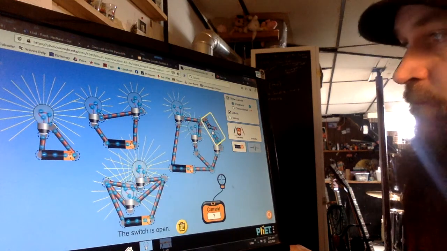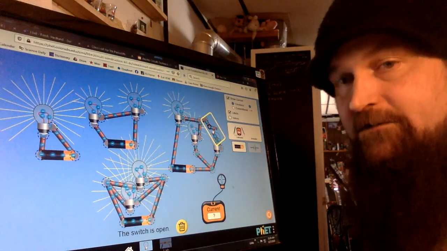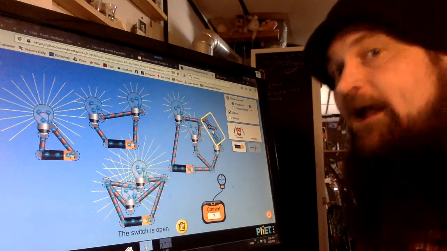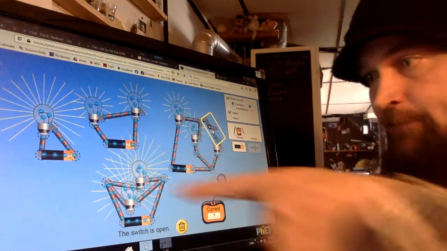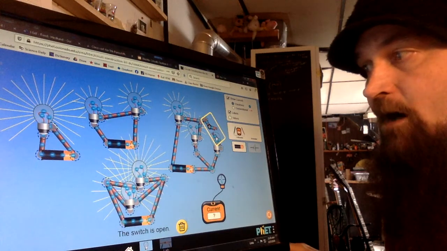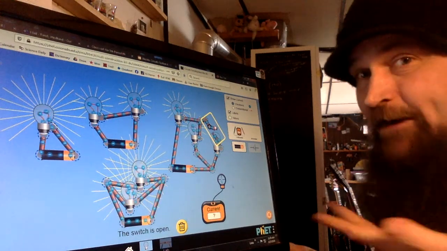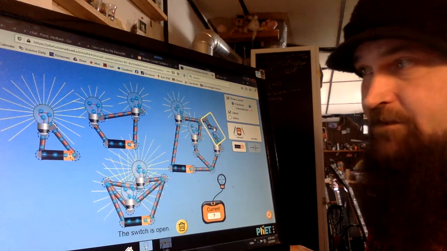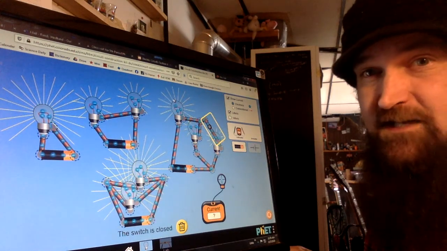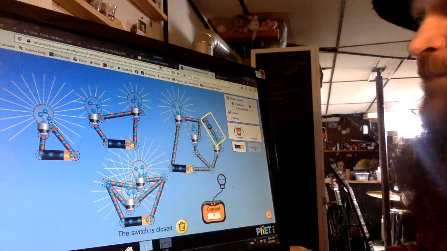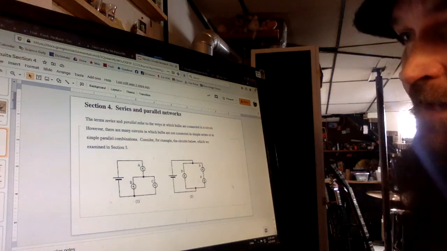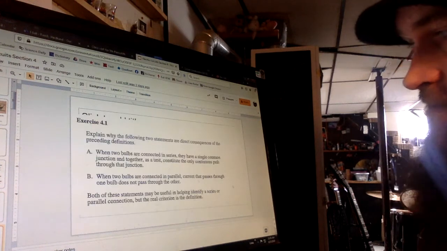So in general, we can say if you add bulbs in series, the current's going to go down. If you add bulbs in another wire, so if you add bulbs in parallel, the current is going to go up. So this is kind of surprising. This surprised me. If I add another bulb to the circuit, this actually gets brighter because we added an extra path. So we're going to use those definitions to look at more complicated circuits.